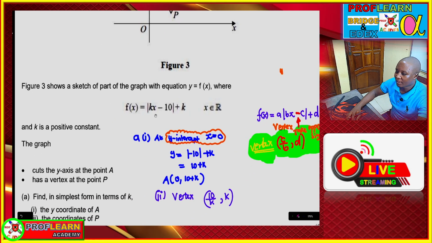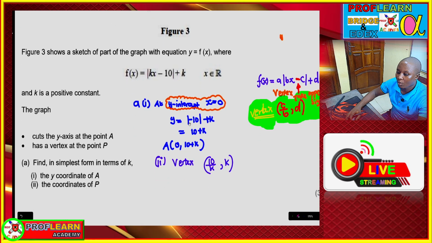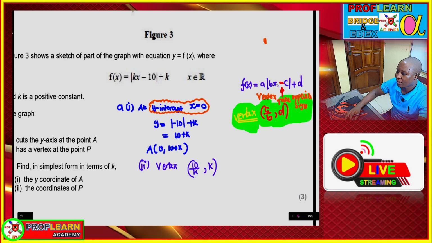For instance here we are having kx minus 10, so the vertex x coordinate is going to be 10 over k. Because this is a minus, we take 10 over k, then whatever is added is k, so we also write k. So that's why I'm saying that if this is negative c, it will be c over b, and then the y coordinate of that vertex is going to be d.